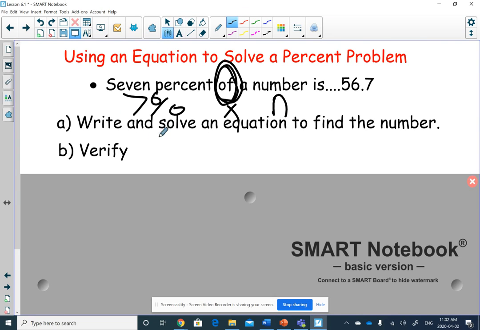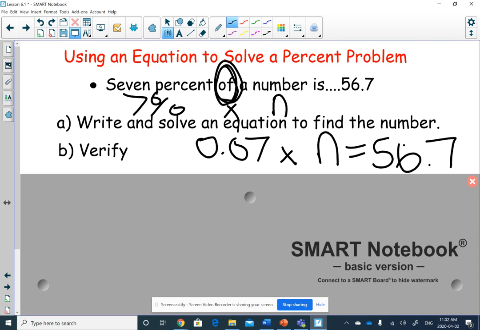So remember, we don't use 7%. We have to convert that to a decimal, right? And we go from percent to decimal by dividing by 100, right? So 7% as a decimal would be 0.07. 7% of, which means multiplication, a number is 56.7.